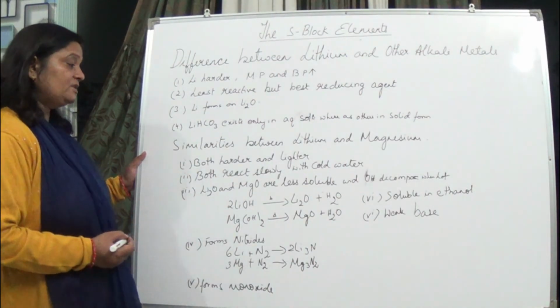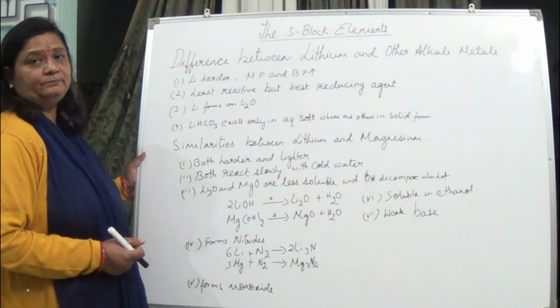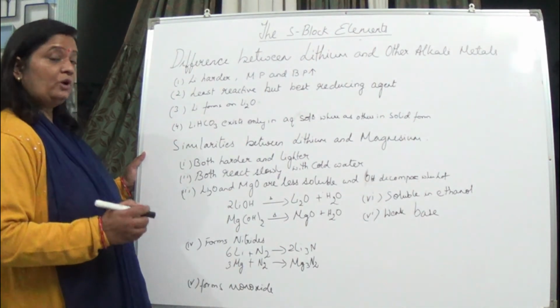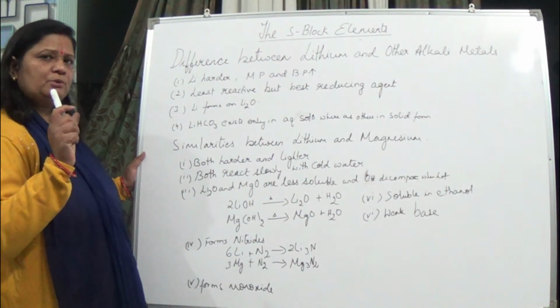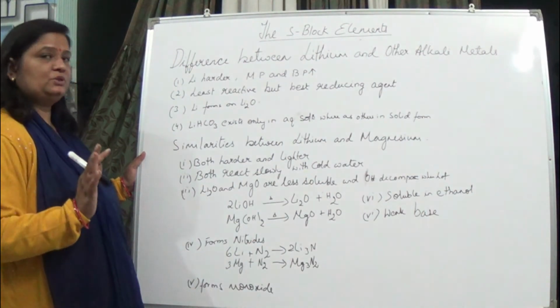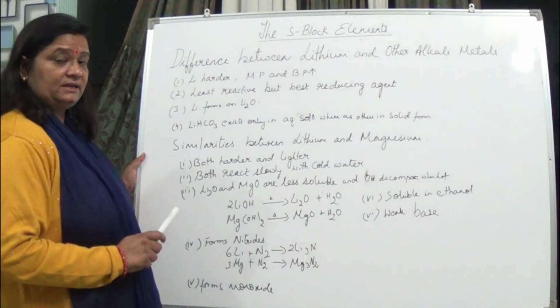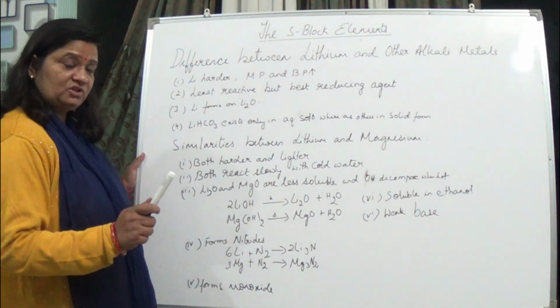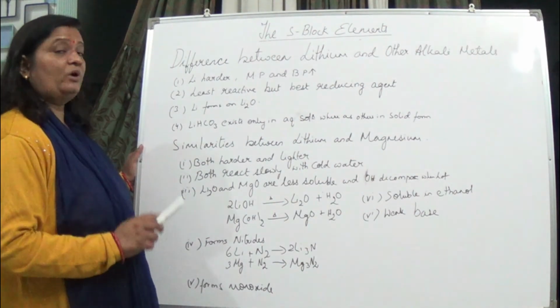Now lithium oxide and magnesium oxide are both soluble, but not to a great extent, only to a lesser extent. Their hydroxides, lithium hydroxide and magnesium hydroxide, if heated to red hot, what happens?